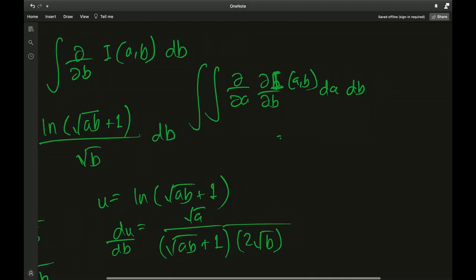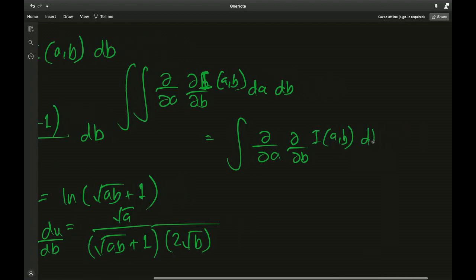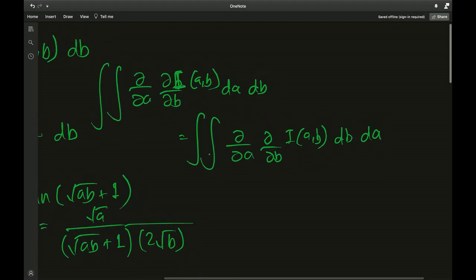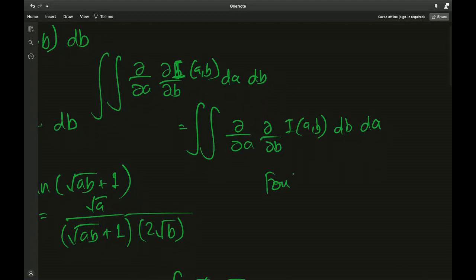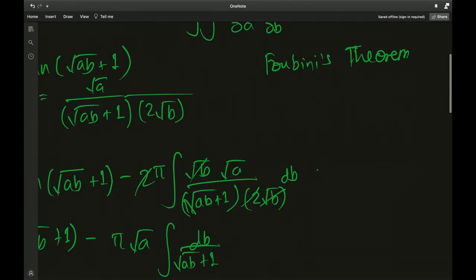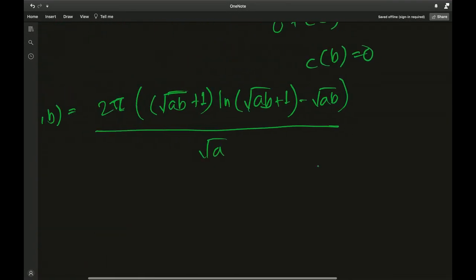The thing is, we can also interchange the order of integration. In a theorem that's analogous to Clairaut's theorem, called Fubini's theorem, this assumes that the function is continuous and the integral converges. All of these conditions are valid in our case.